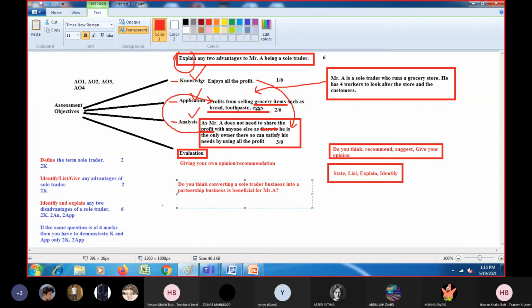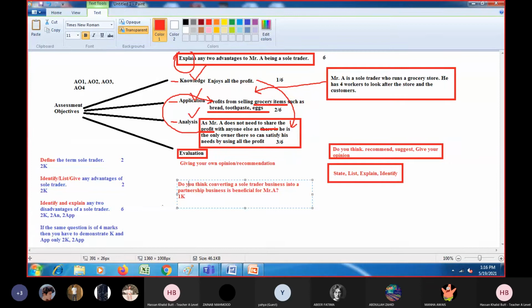Now, how to answer such questions? Remember this question because it starts with the words "do you think?" That's why it requires all four assessment objectives: knowledge, analysis, application, and evaluation. So, how would be the distribution of such questions? There is 1 mark for knowledge.